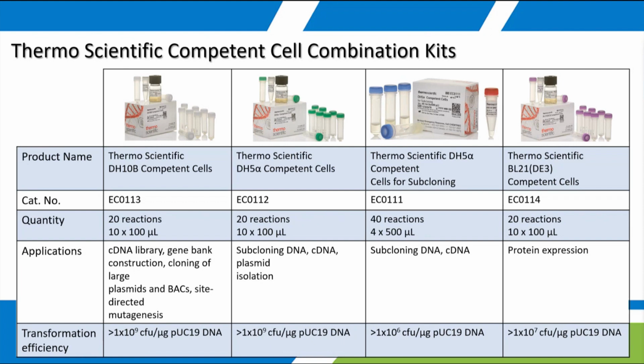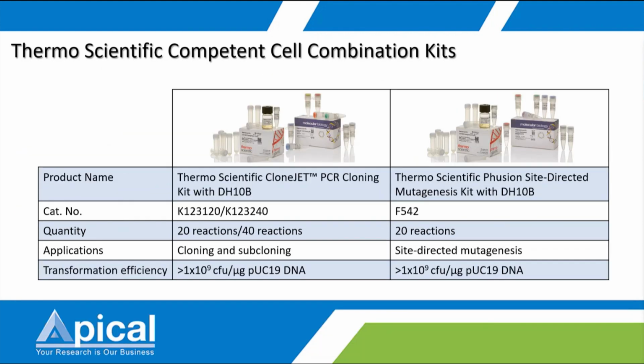If you're working on protein expression, you may want to consider BL21 DE3 competent cell. Also, we have a cloning kit that comes with competent cell, and the Fusion site-directed mutagenesis kit that also comes with competent cell. So we have these two kits that come with competent cell.